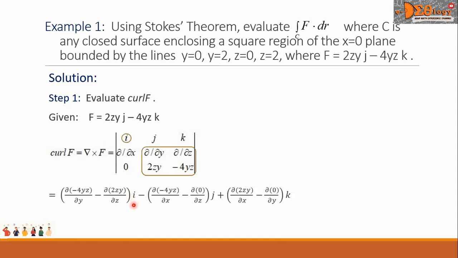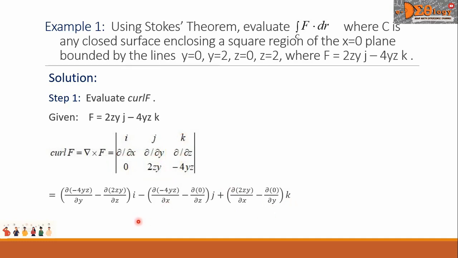For component i, we have the partial derivative of negative 4yz with respect to y minus the partial derivative of 2zy with respect to z, minus, for the component j, multiplied by the partial derivative of negative 4yz with respect to x minus the partial derivative of 0 with respect to z, plus the component k multiplied by the partial derivative of 2zy with respect to x minus the partial derivative of 0 with respect to y.